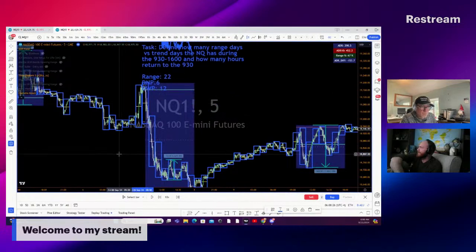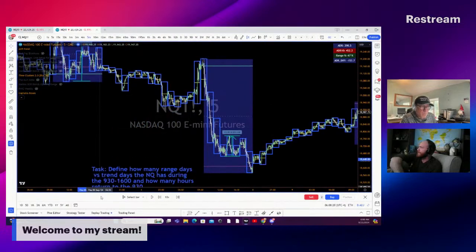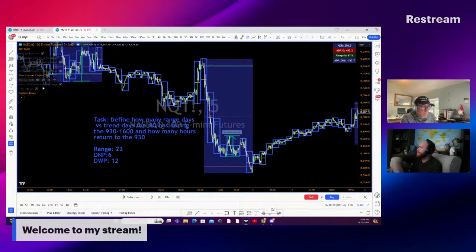All right, second trend day here. Actually, let's go in and measure this. This is a 110 handle swing. So yes, one touched the 930 and then we went away, but then we ended up DWP in the afternoon.